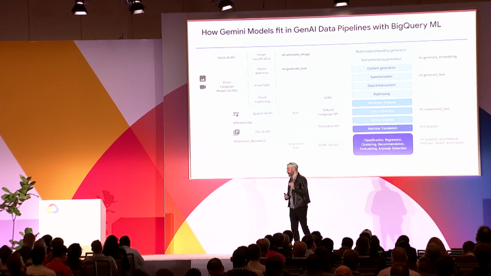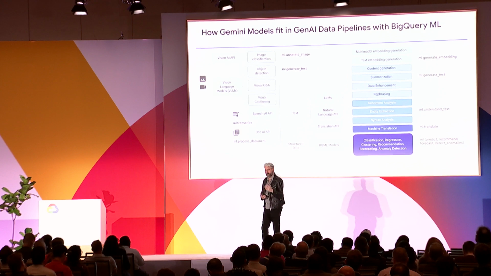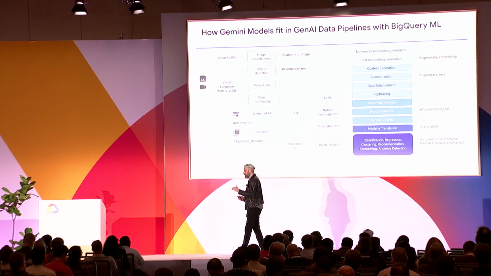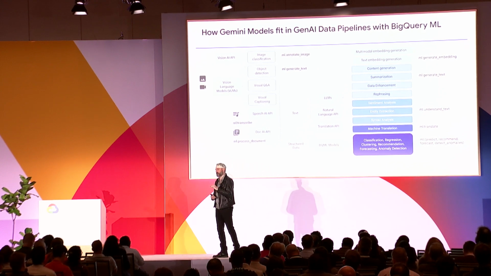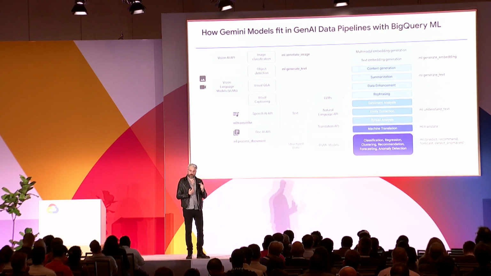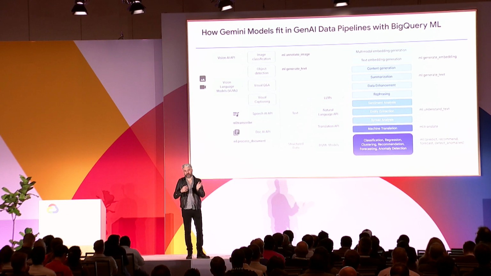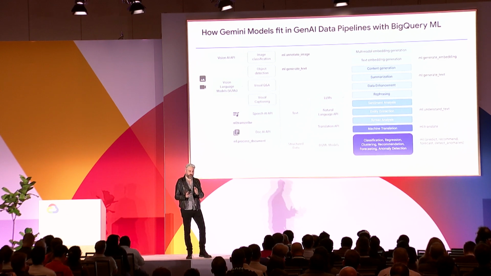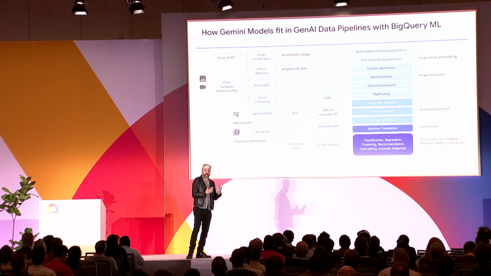If you've seen anything around RAG or retrieval augmented generation, one key piece about grounding LLMs in enterprise data is being able to use a RAG approach where you would generate an embedding of the prompt, and you compare that embedding to data you already have stored inside of BigQuery to see what that prompt is similar to, and then you return back results that are most germane to that example. And so this allows you to ground LLMs reasoning inside of enterprise data.